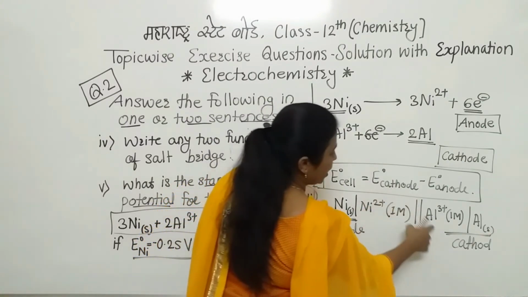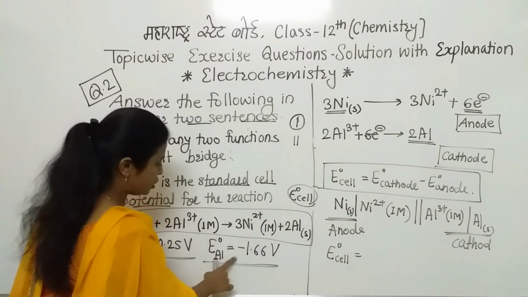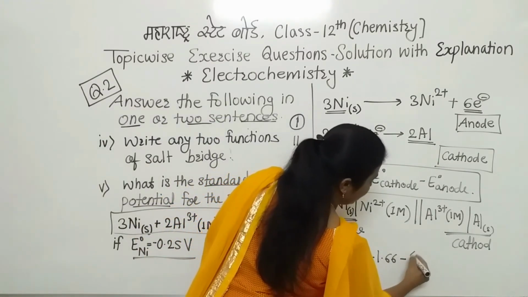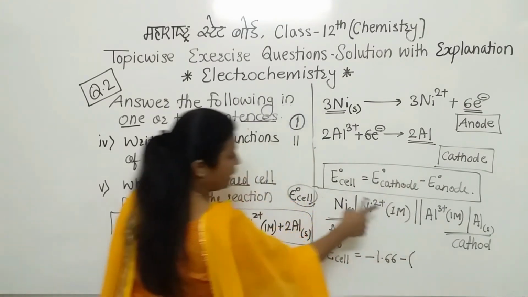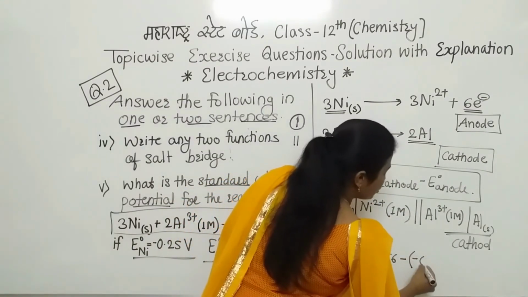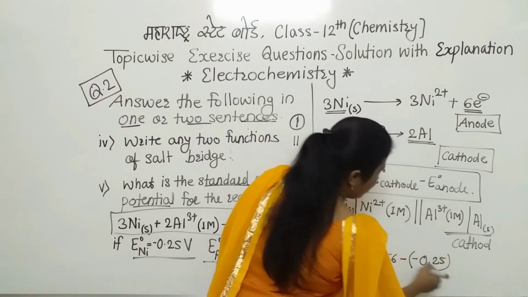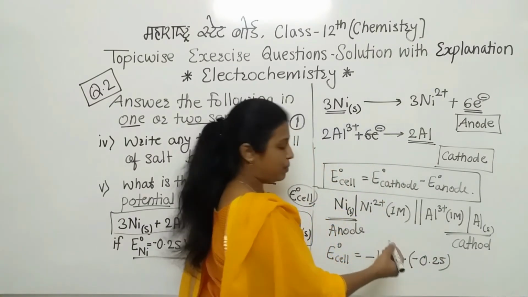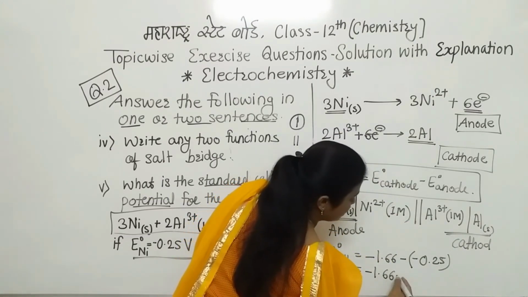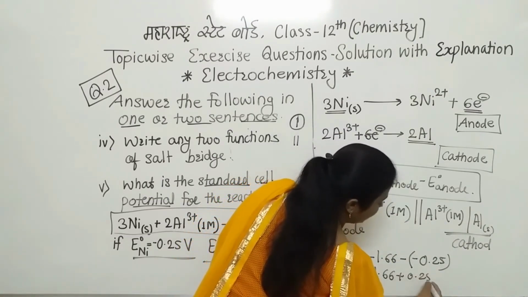See, E naught cathode means Al, its value is minus 1.66, minus from the formula, and after that E naught nickel, that is again minus 0.25. So here minus minus will become plus. So finally we are getting minus 1.66 plus 0.25.